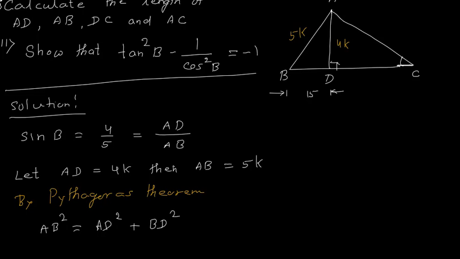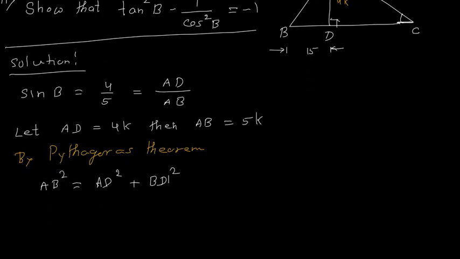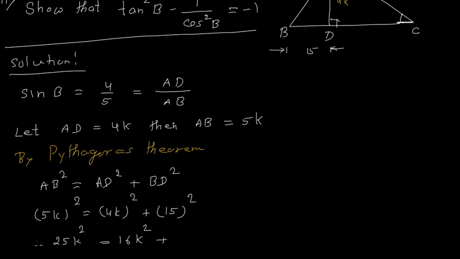Now the value of AB is 5k, so 5k the whole square is equals to value of AD is 4k, so it is 4k the whole square, plus value of BD is 15, so it is 15 the whole square. So therefore 5 fives are 25, this is 25k square is equals to 16k square plus this is 225.